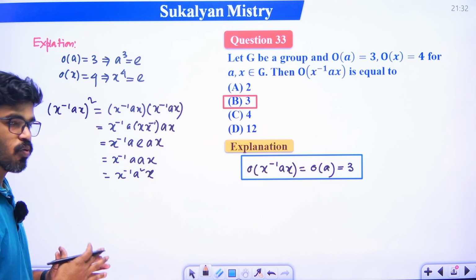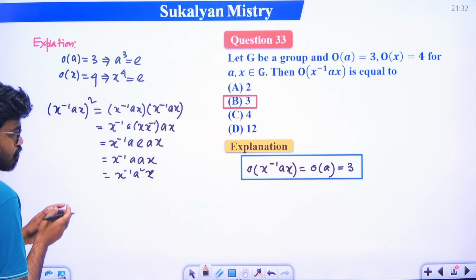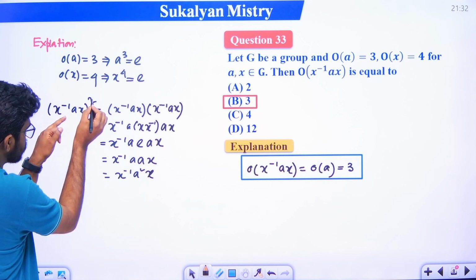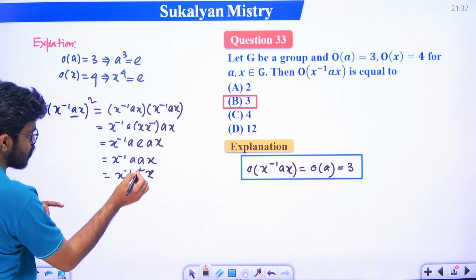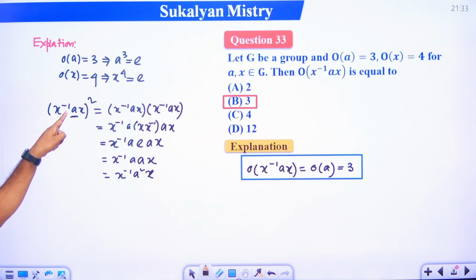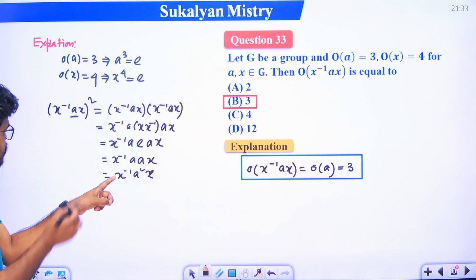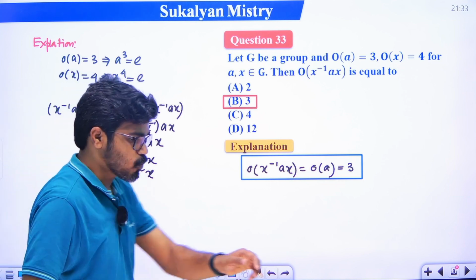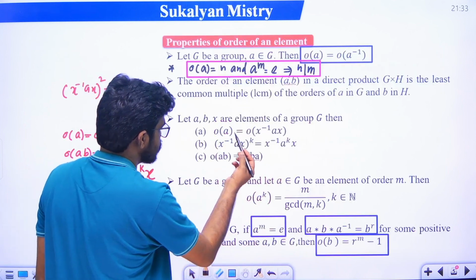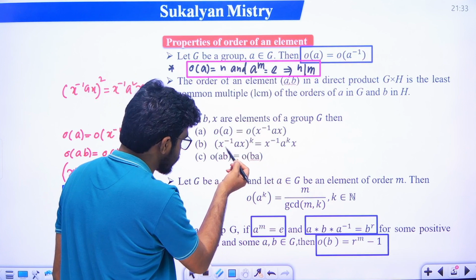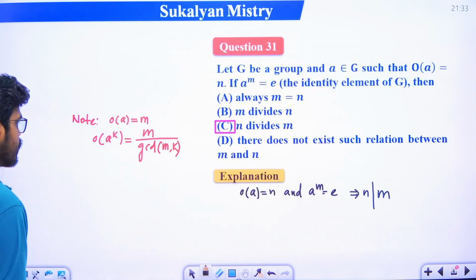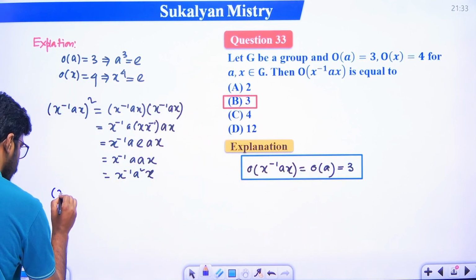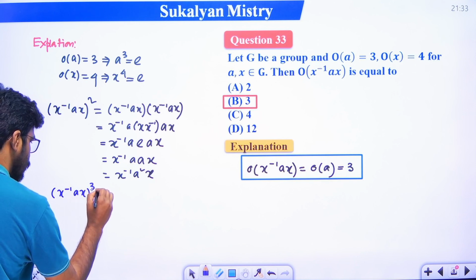Okay, so one thing is clear. See the result I mentioned: (X inverse AX) to the power 2 is the square applied simply on the middle element, so this will be basically X inverse A squared X. That is why I said this property: (X inverse AX) to the power k will be X inverse A to the power k X. Just see again, suppose (X inverse AX) cube, what can we write?